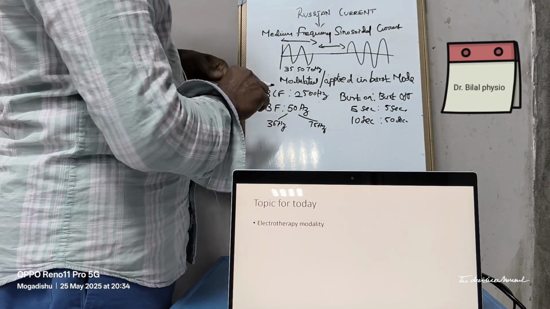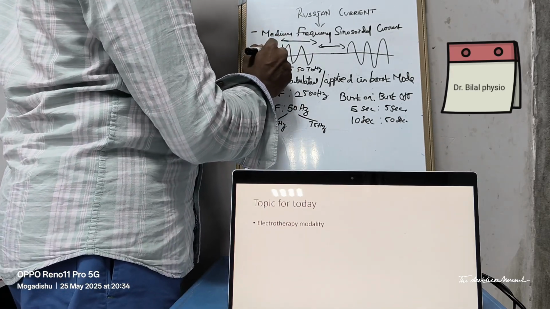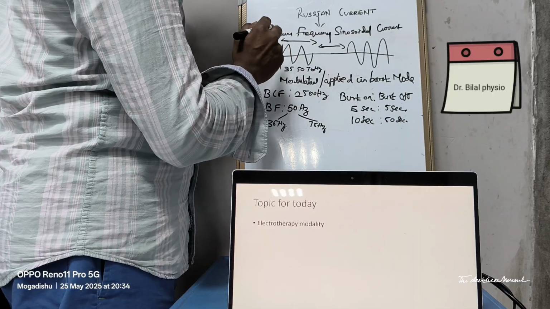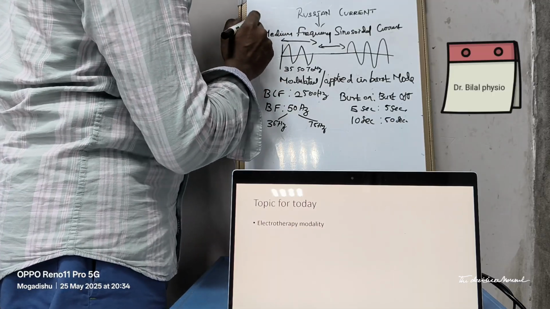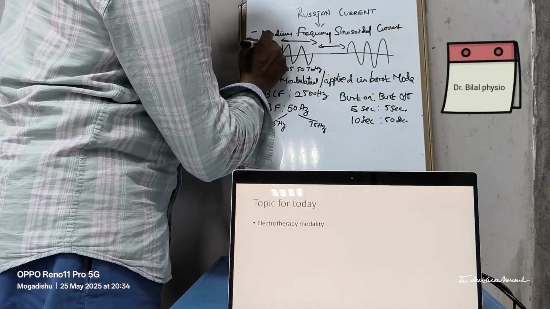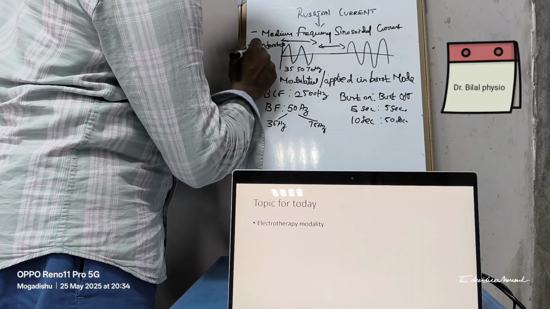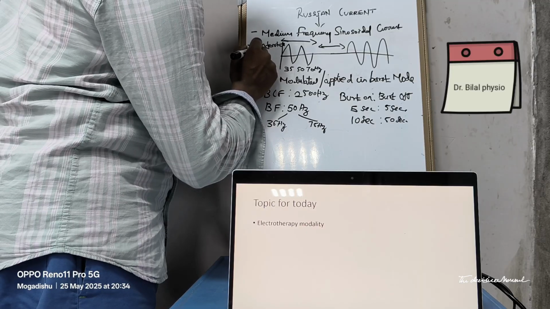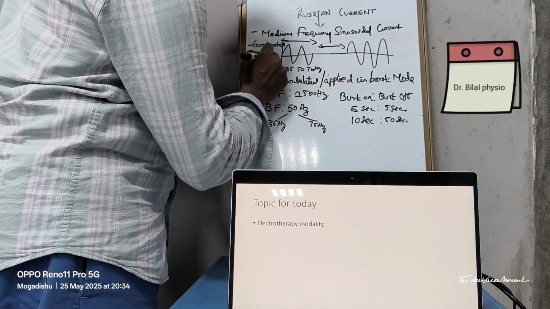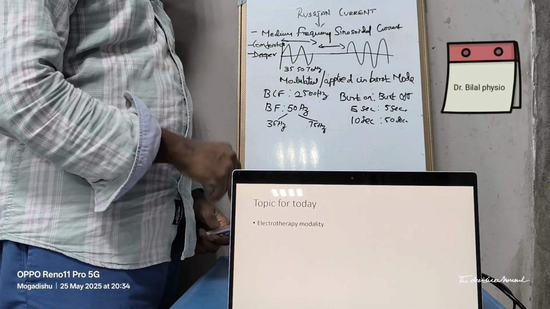As we discussed earlier, it's a medium frequency sinusoidal current. It has no polarity effect on the patient, so it is very comfortable, and the depth of penetration is also very deep.